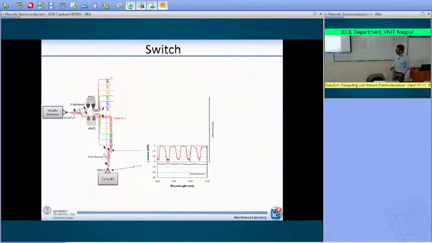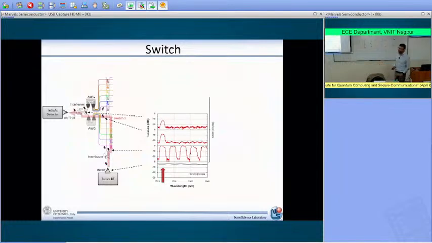Then you actuate the switch, and you measure whether the switch is able to switch the proper channel. What you see here is that after the switch, instead of having all those channels going through, you have only one channel that is switched off. In this way you are able to address exactly this wavelength color to this output.